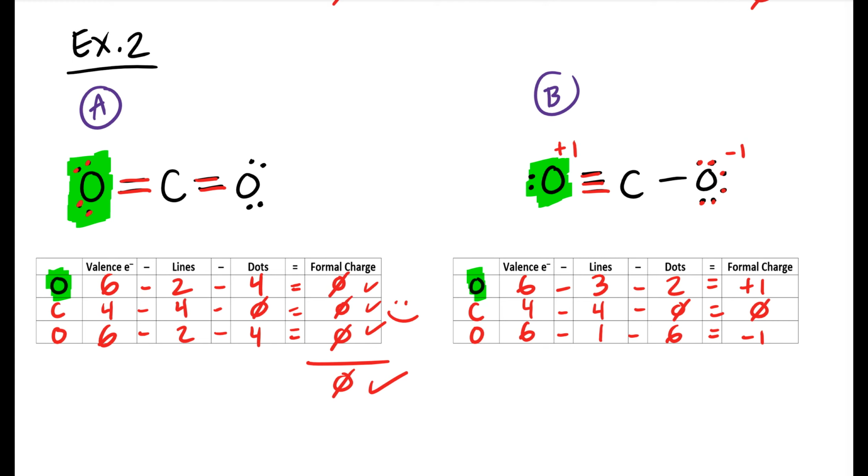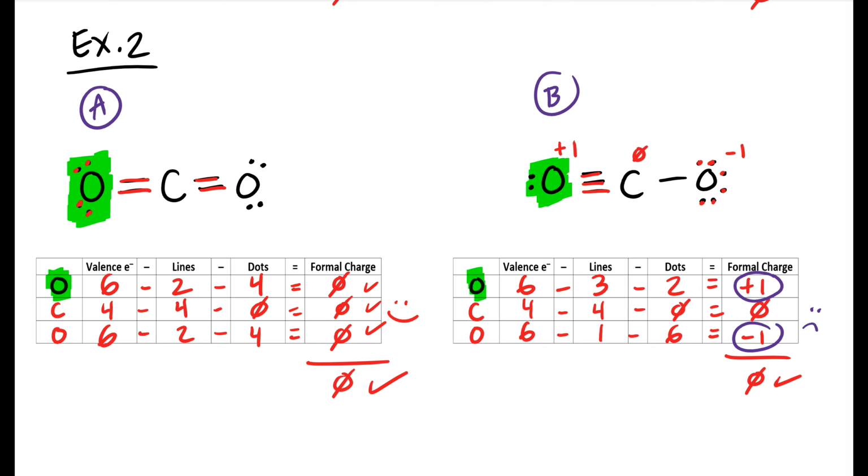So here are our formal charges in our Lewis structure. I got a +1 and a -1 and a 0. Yes, together that adds up to 0, so that's looking good. However, with this formal charge of +1 and -1, remember we're going for zeros.